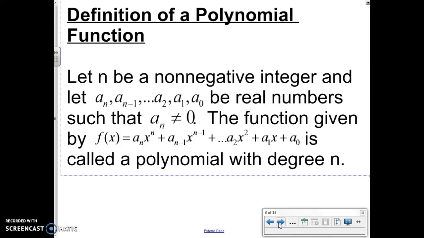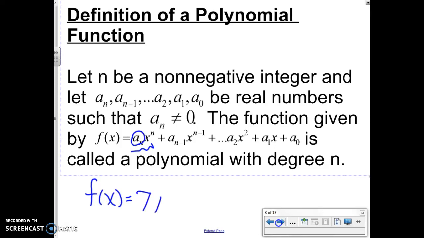In plain and simple English, this is just saying that if we see some function that goes along here, the leading term is the one with the maximum power, and its coefficient is called the leading coefficient. That leading coefficient just can't be 0. That's how we're going to define our polynomial.